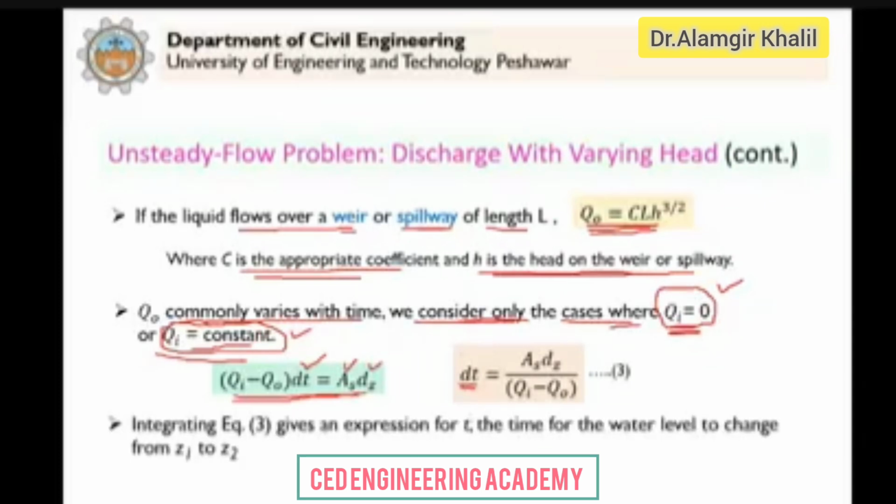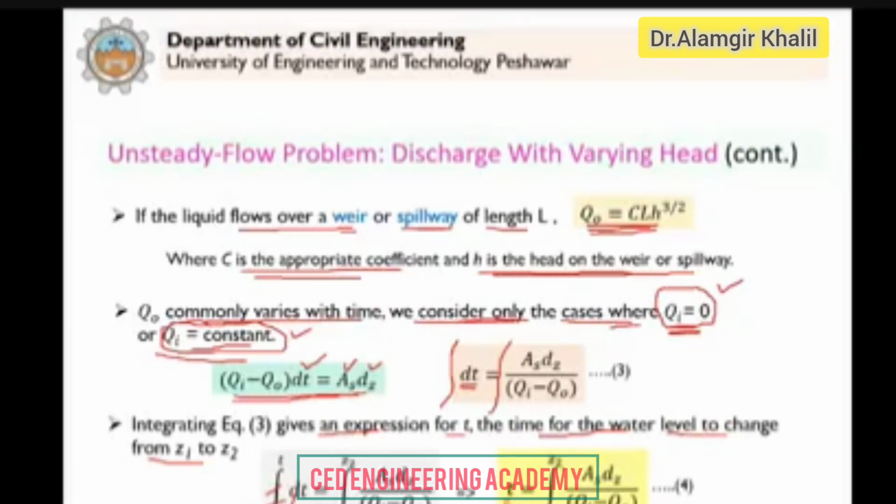So now we can integrate this equation. Just simply integrating this equation gives an expression for the time for the water level to change from Z1 to Z2. When you integrate this equation, we integrate from 0 to t. Now you already know that integral and derivative are opposite, so they cancel out. And the right-hand side goes from Z1 to Z2. So that's why we are left with t.